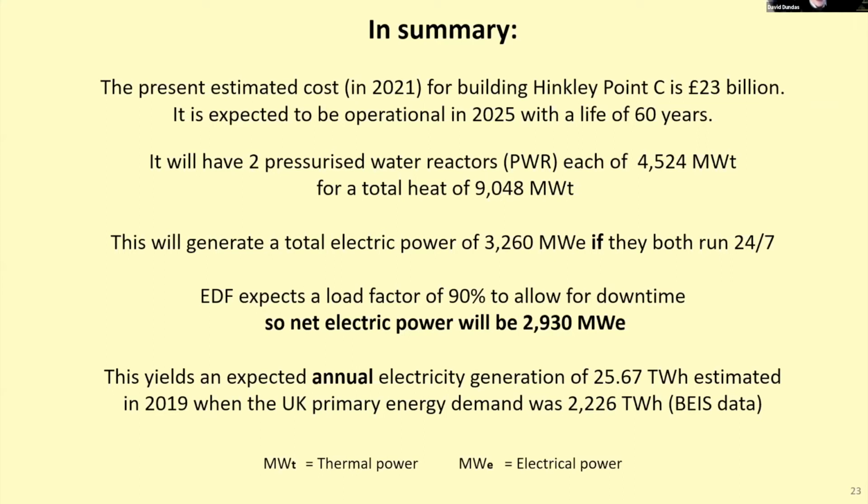If you multiply that up by the number of hours in a year, some 8,600, I think, you'll produce 25.67 terawatt hours, which is quite a lot. But then you have to see that it's only a small fraction of the primary energy that the United Kingdom needed in 2019.